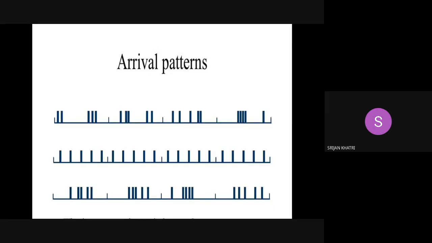So here we have different situations. Customers are arriving at different points. These are the different arrival patterns at a particular time interval. You can notice how the customers are arriving.